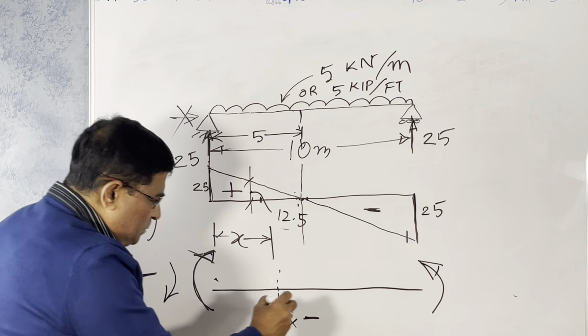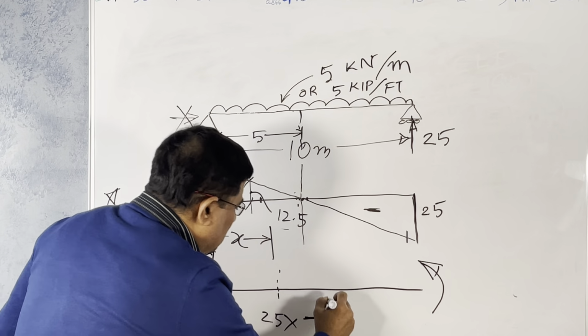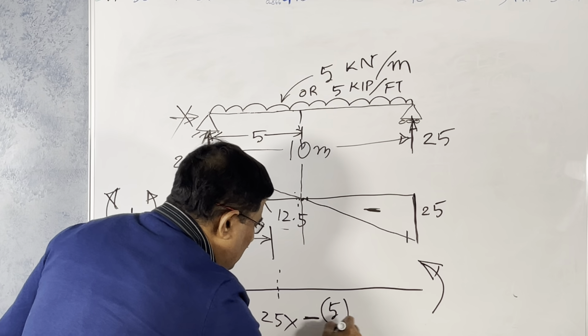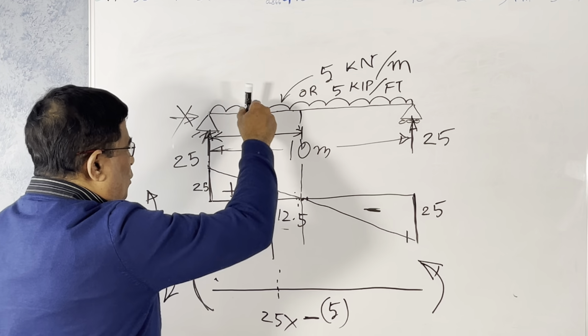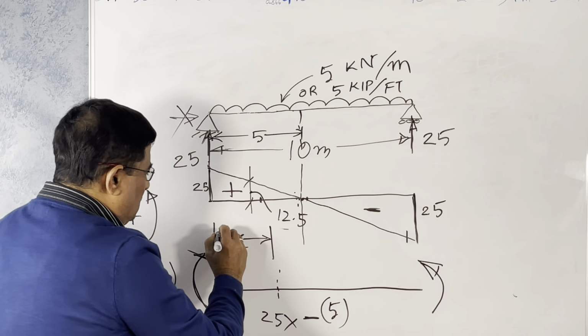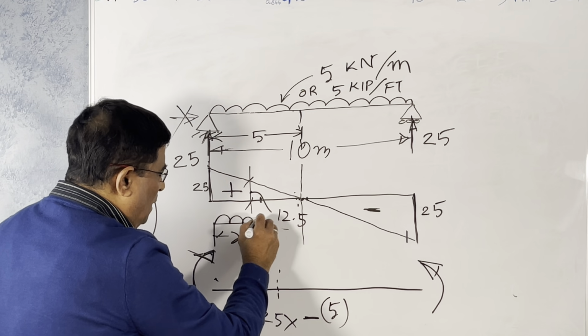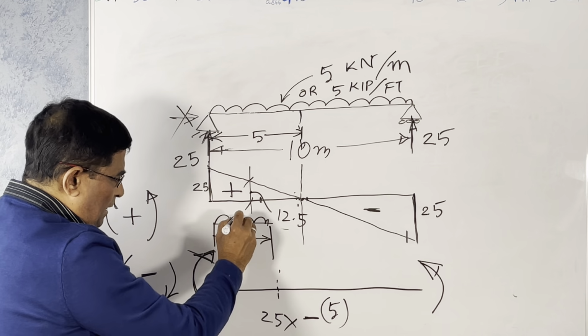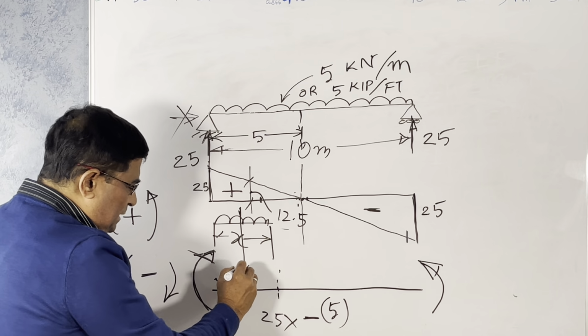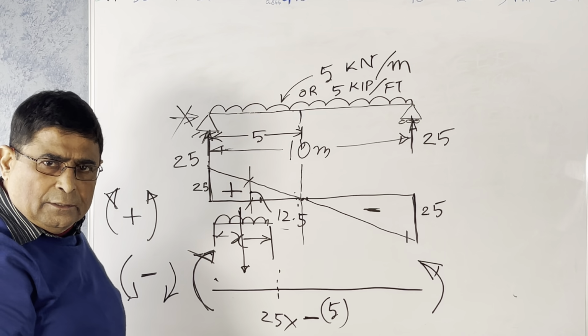So this minus this load 5 times... this load will be, if it is x distance, this is the load we are considering here, it will act at the middle because this is the center of the load.